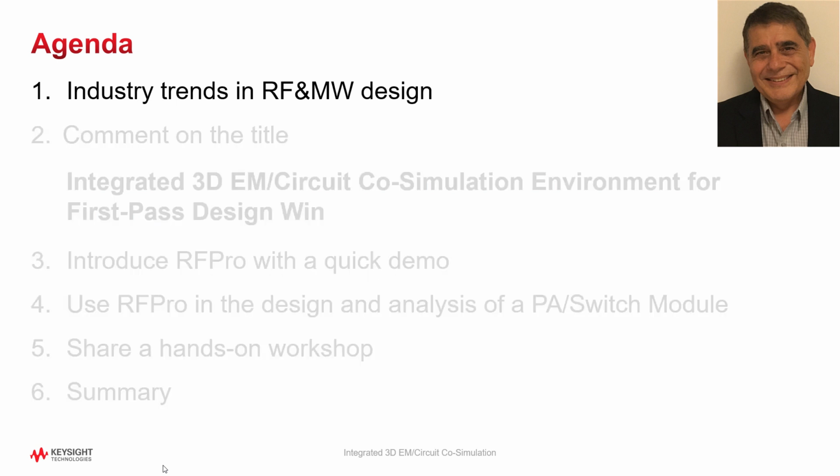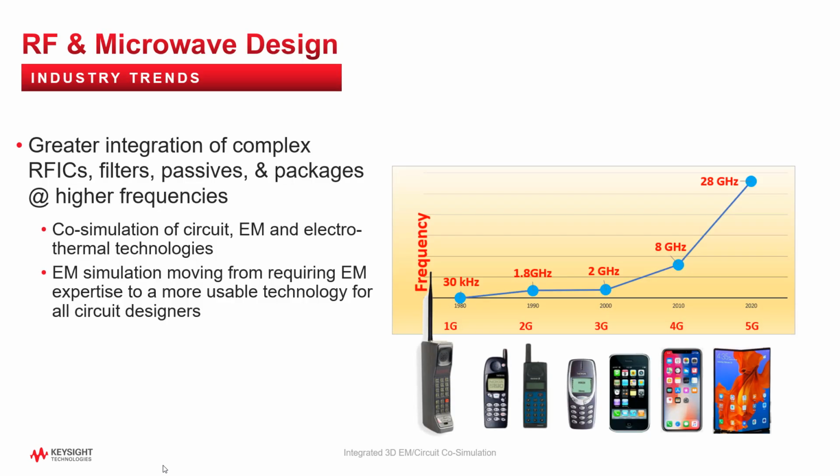Okay, let's begin with a brief talk about the RF and microwave industry trend and show why integrated 3D EM is essential. The industry trend in RF and microwave design is driven by consumer demand for more and greater functionality, smaller size, and increasingly higher application frequency bands with broadband modulated RF signals.